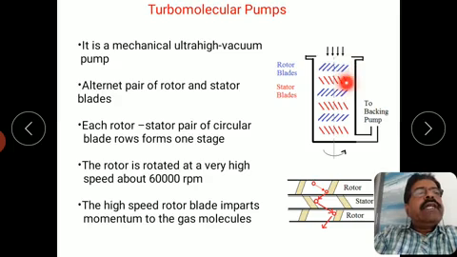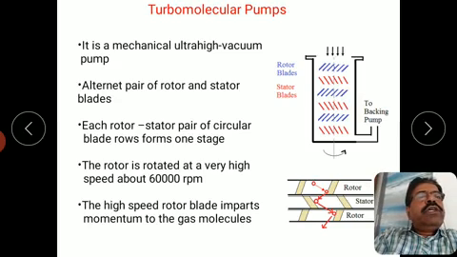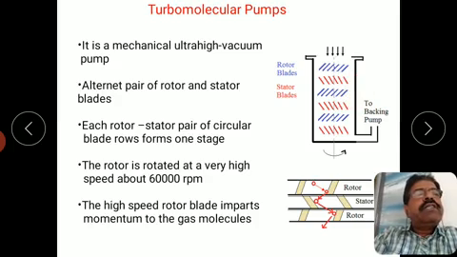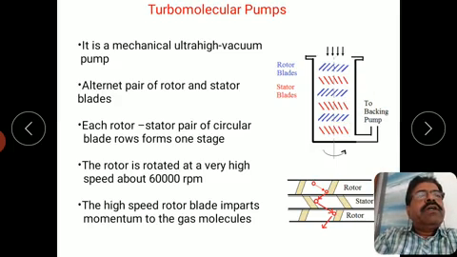There are multiple stages of these rotor and stator blades. Each rotor-stator pair of circular blade rows forms one stage. This is the first stage, second stage, third stage, and so on.